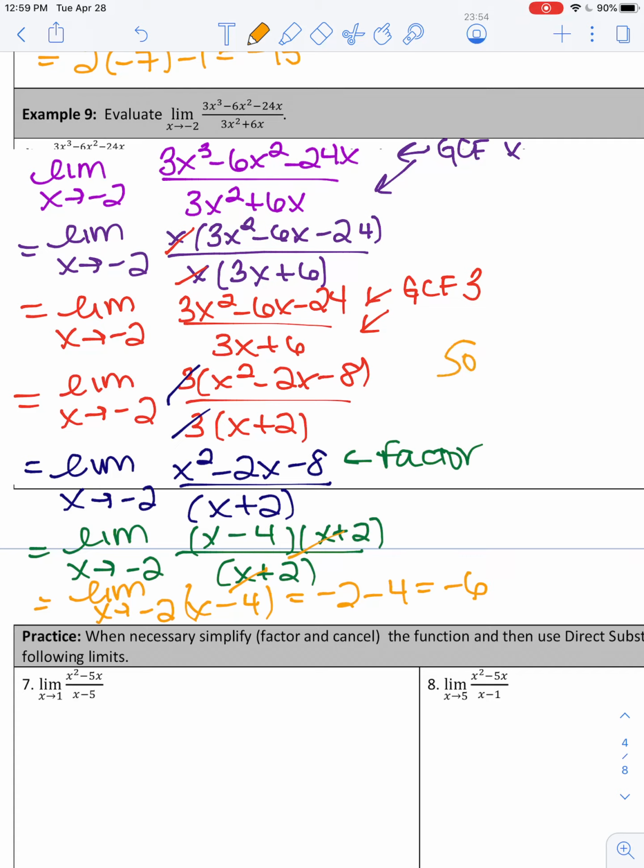So a lot of work, but we're able to say, and I'm going to run out of room, so I'll go ahead and scoot that over, all of this work tells us that the limit as x approaches -2 of 3x cubed minus 6x squared minus 24x all over 3x squared plus 6x is equal to negative 6.